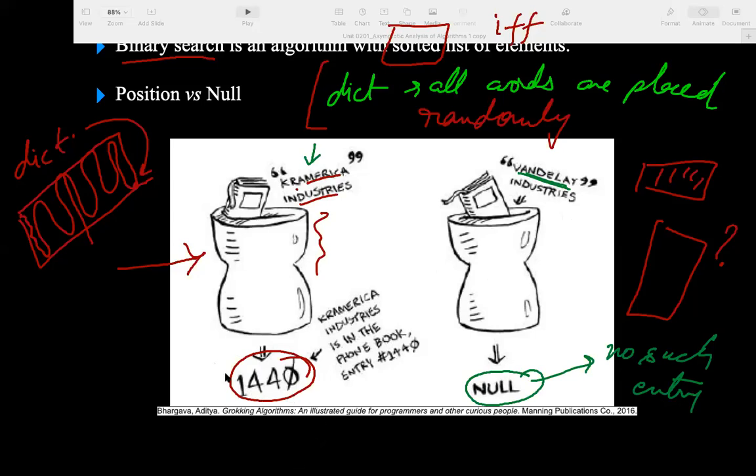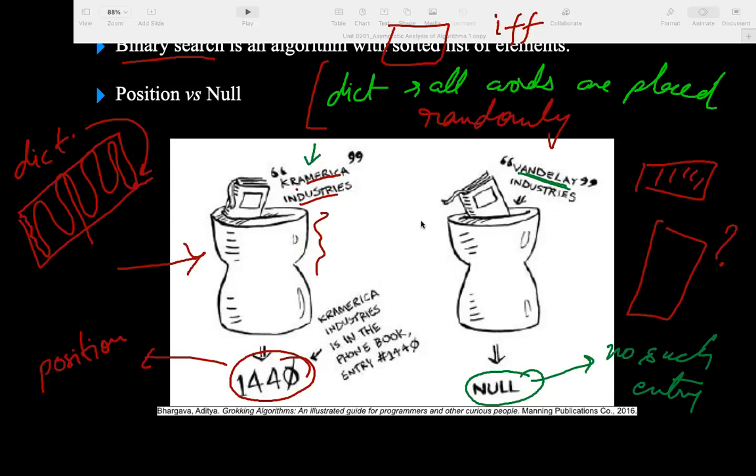In case we find it, our binary search algorithm is going to return the position where that value lies, so that we can access it as and when it is required. Does that make sense? So binary search is going to either return what we have, or tell us that it is not there.